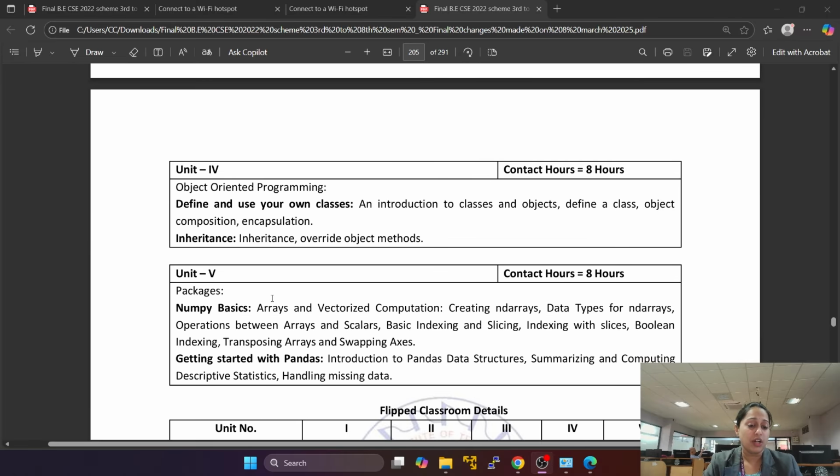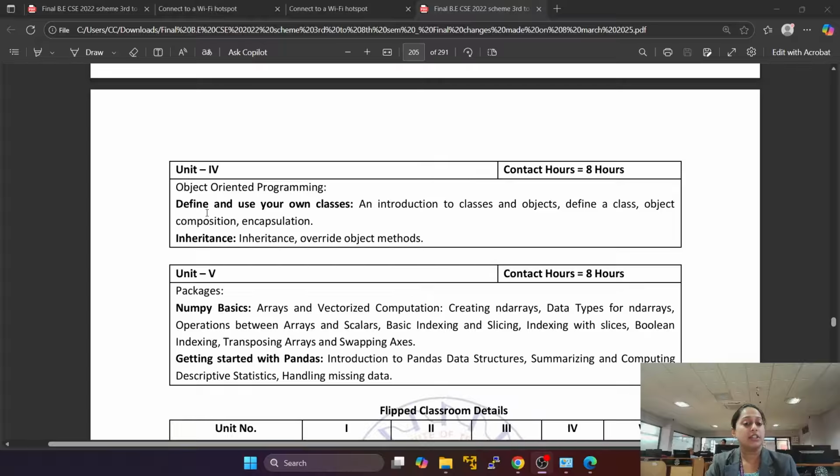And in Unit 4, we are going to discuss an important property of the programming language, that is object-oriented programming. Here Python can be viewed as structural programming or object-oriented programming. Python is also called a scripting language. You can use Python without object-oriented concepts also, but with object-oriented, how to create our program, that we are going to discuss in Unit 4.